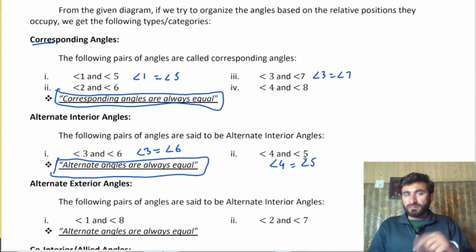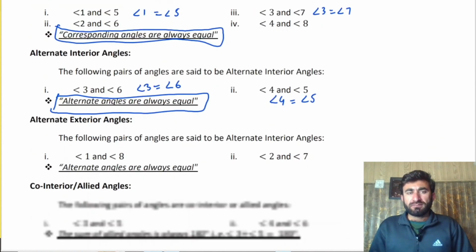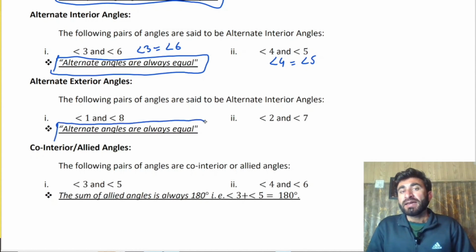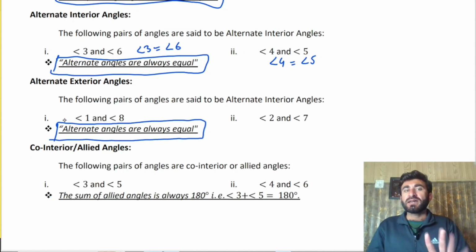Moving further, for alternate exterior angles, we have listed the pairs above: angle 1 and angle 8. Any alternate angle, either interior or exterior, is equal.